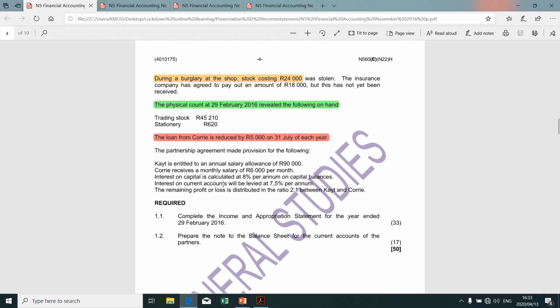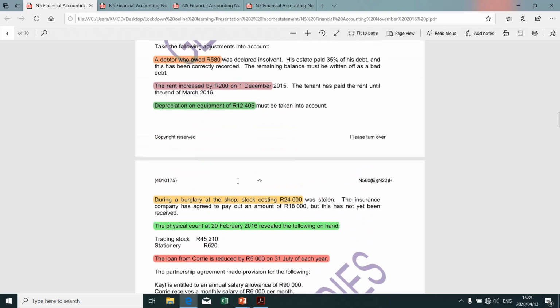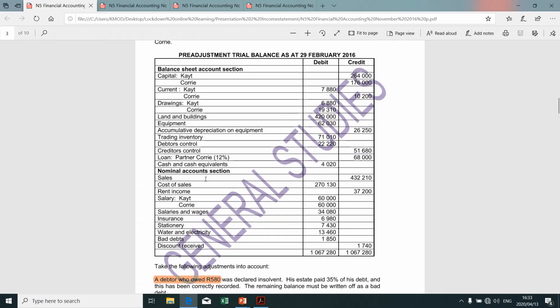The next item is the current account. The current account works on a similar basis, except that it's important to clearly distinguish between a debit side of the current account and a credit side of a current account balance. If the balance is per the pre-adjusted trial balance, I quickly want to take you there.